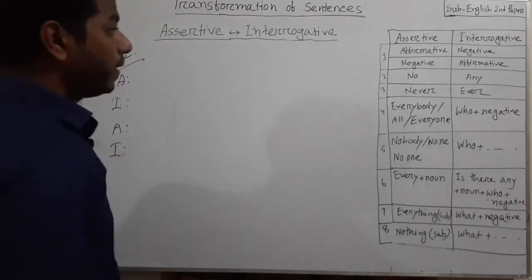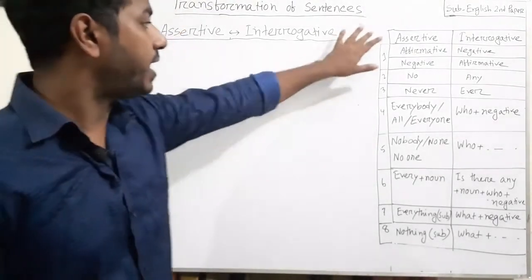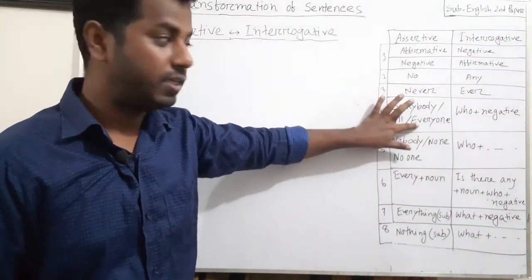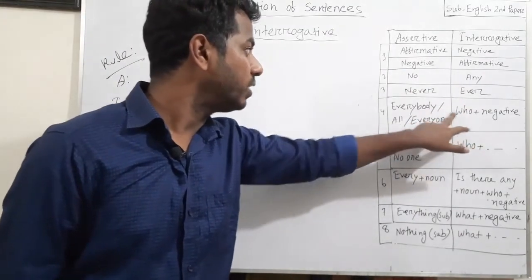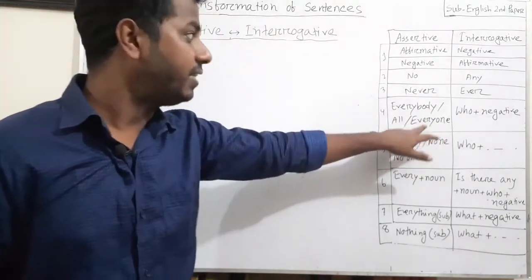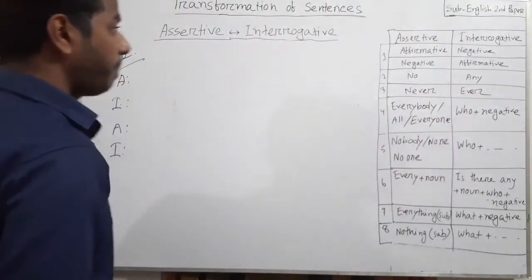Okay, and in the fourth rule, if in the assertive sentence there is everybody, all, or everyone, in the interrogative sentence we have to write who instead of everybody, all, or everyone, then the sentence will be in negative form. Okay, look at the example.